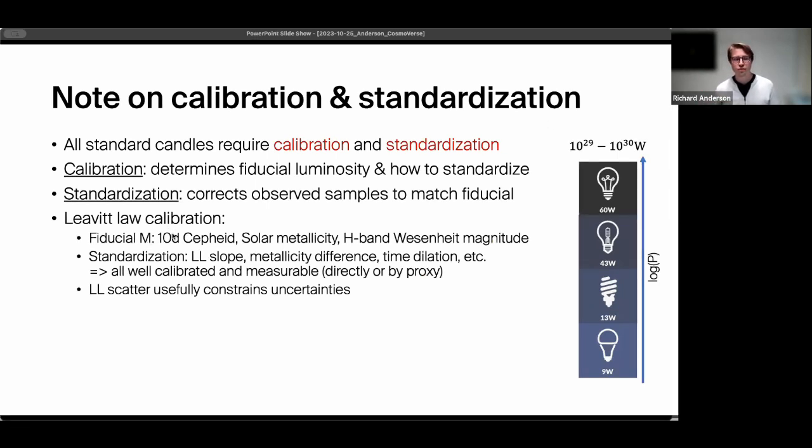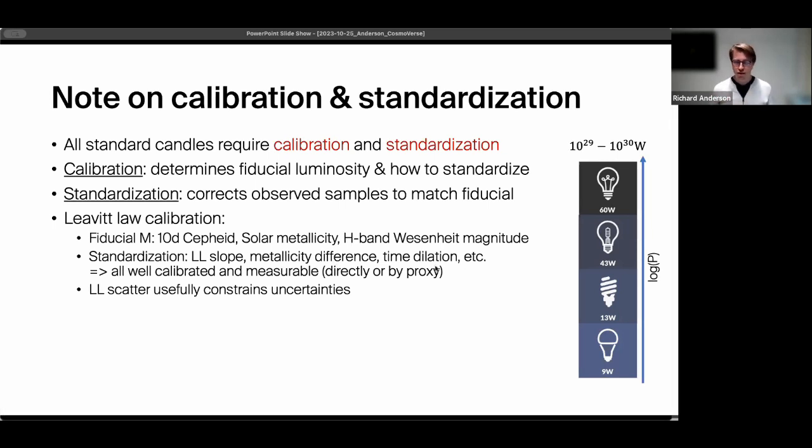And so what the calibration does is it sets the fiducial magnitude for a 10-day Cepheid at solar metallicity in a very specific combination of filter bands. Standardization then basically brings the luminosity of every star back to this 10-day fiducial, because of course you have large variations of period, but you can also standardize for metallicity differences.